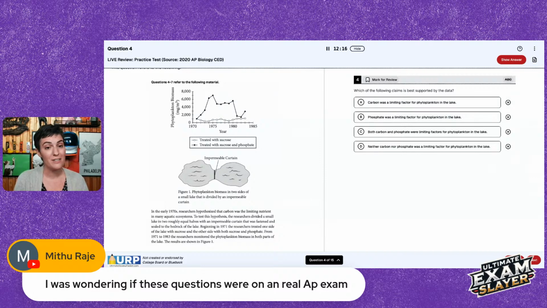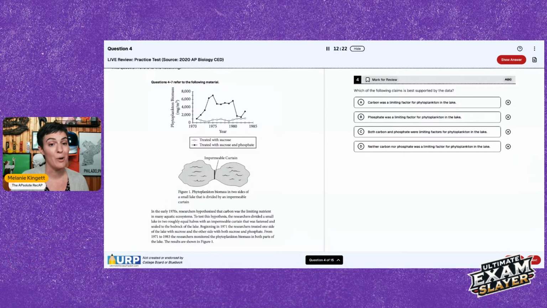In fairness to the College Board, they're changing the test next year, so I'm hoping this is the year we get some questions, because the released ones are outdated. These questions are from the CED. If you want to follow along, go to the top of this chat and grab the link. I have it linked inside both the URP and the UES. It's the free download from the College Board.